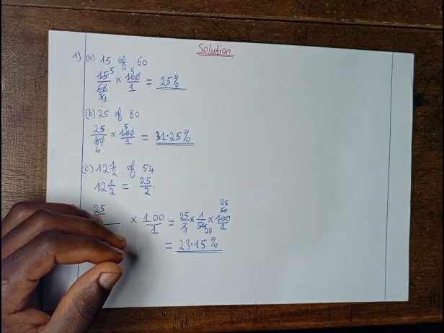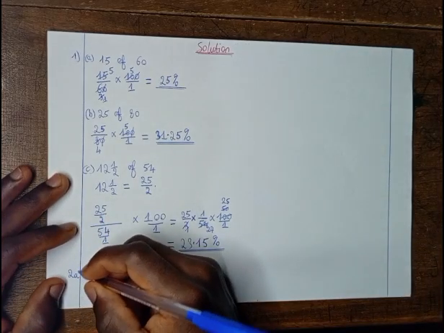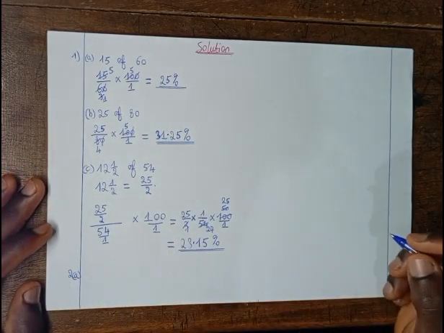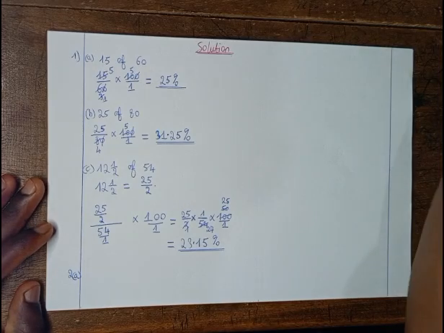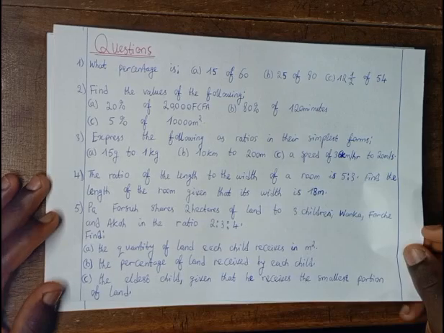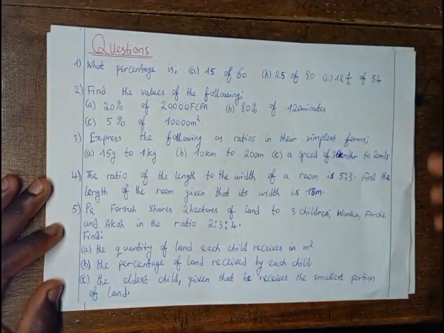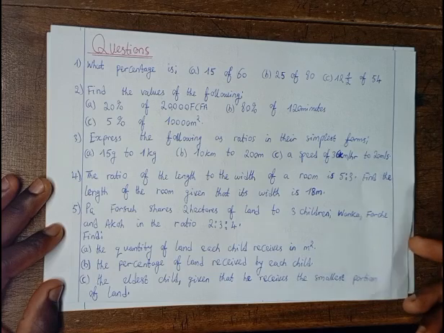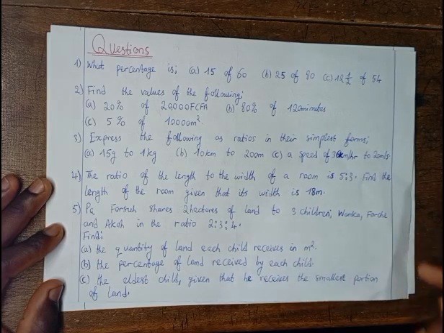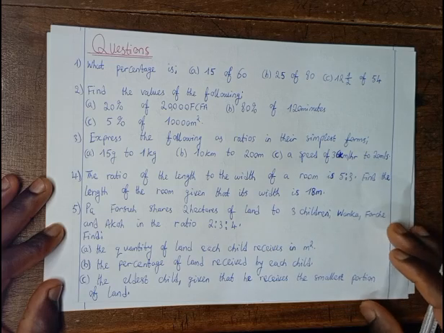Now we move to question 2. Question 2, take A. Question 2 says find the values of the following. Here we have 20% of 20,000 francs CFA. Francs CFA is the currency which is used in my country here, Cameroon.